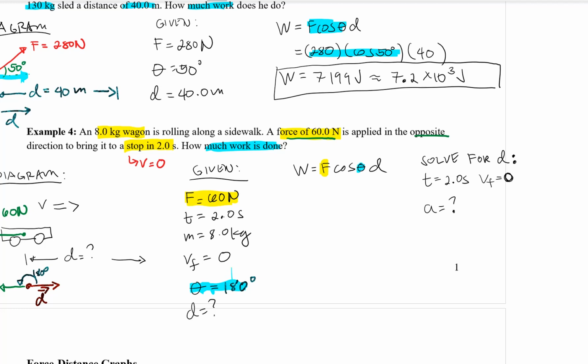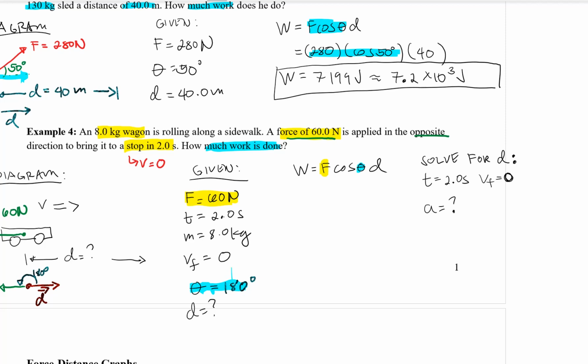However, if we can solve for the acceleration, I think that will give us 3. So based on the things that we have here, do you think we can solve for the acceleration?